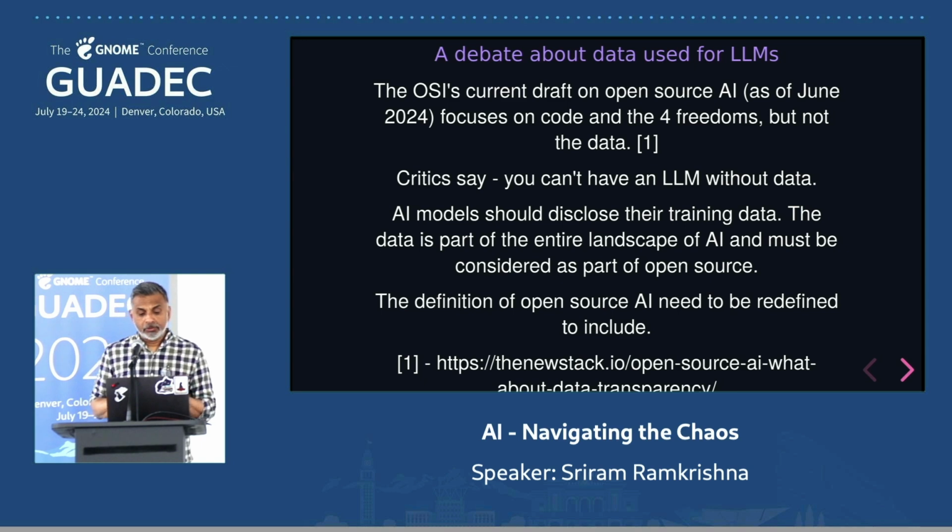Now, there are others who said, well, how can you only focus on the code when an LLM or an AI is nothing without the data? So there's this huge debate going on, like how do you classify that data? What's in it? Think of it as ingredients, right? Because there's probably definitely AI using sketchy data, right?